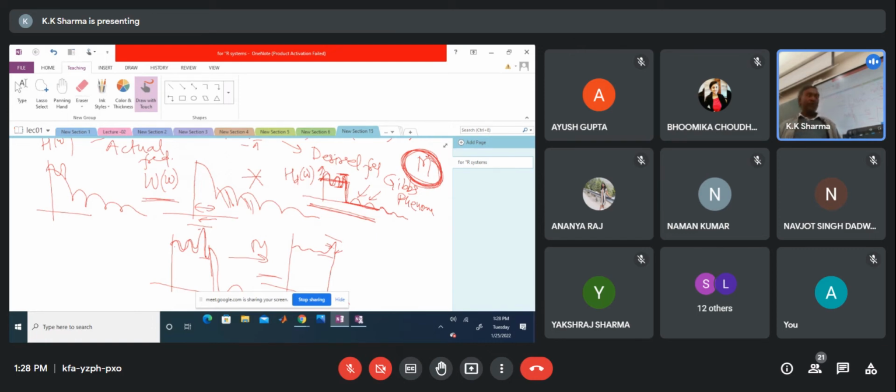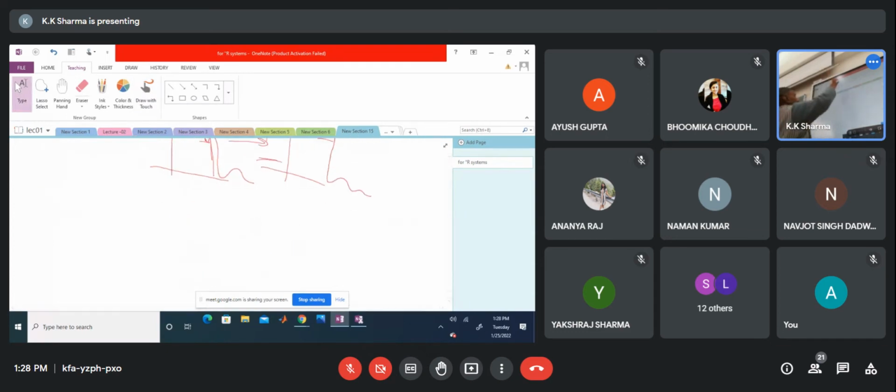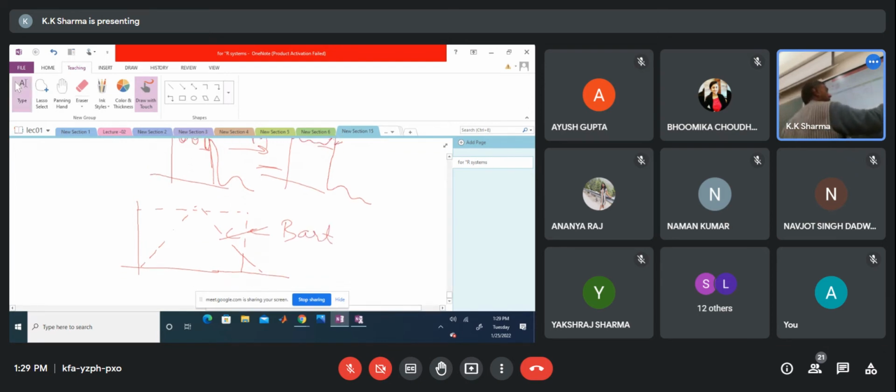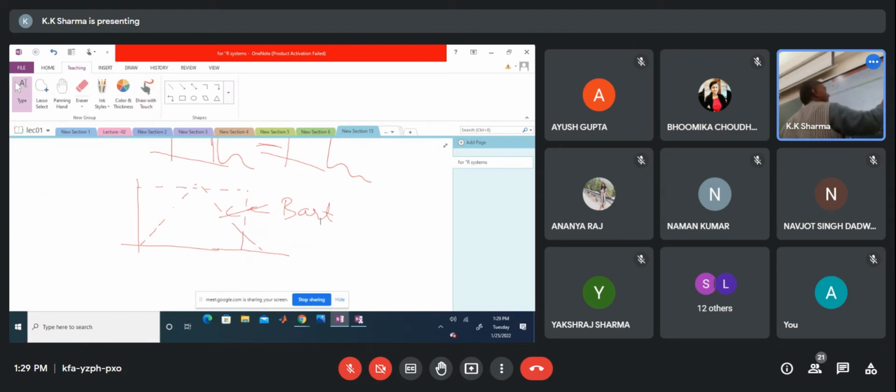So the disadvantage of Gibbs phenomena can be removed by using some other windows which are rather tapered. Say for example, you can use a triangular window to truncate, rather than using a rectangular window. This triangular window is also called the Bartlett window.